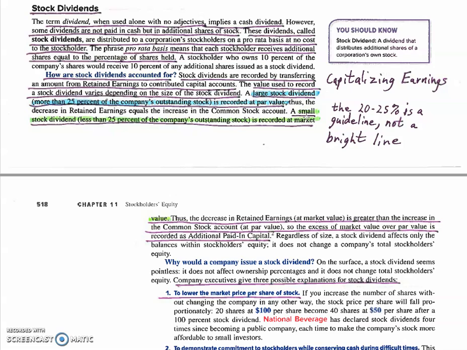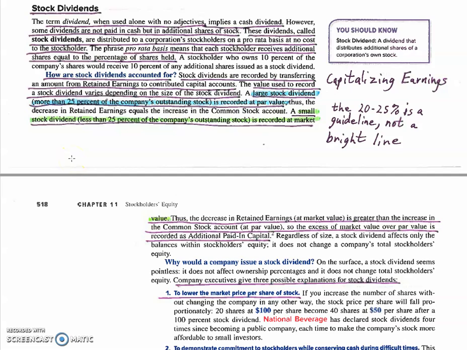Now, from a stockholder standpoint, you may say, well, if they want a dividend, they probably want cash. They don't want more stock. Well, if they want cash or need cash, they can sell that additional stock and raise cash. So that kind of solves both issues.